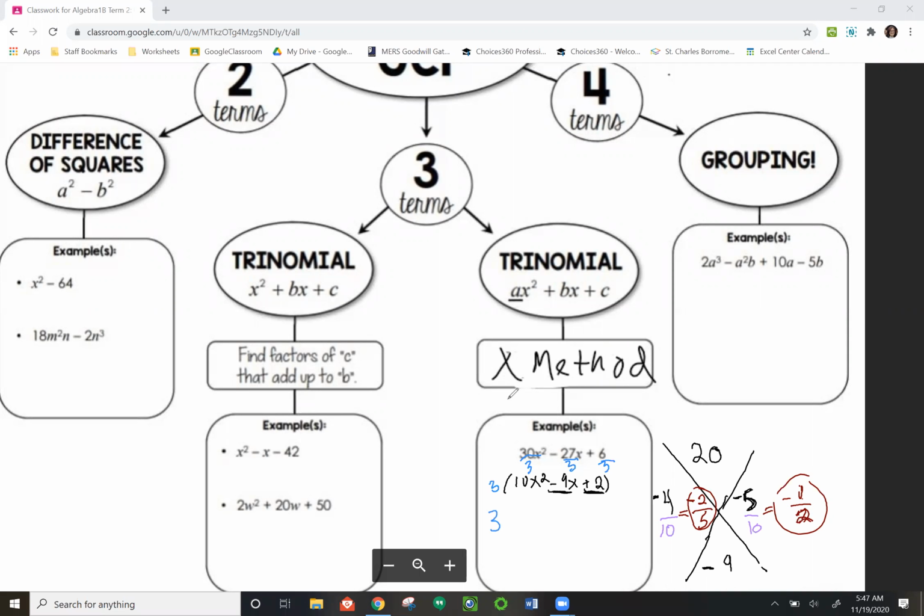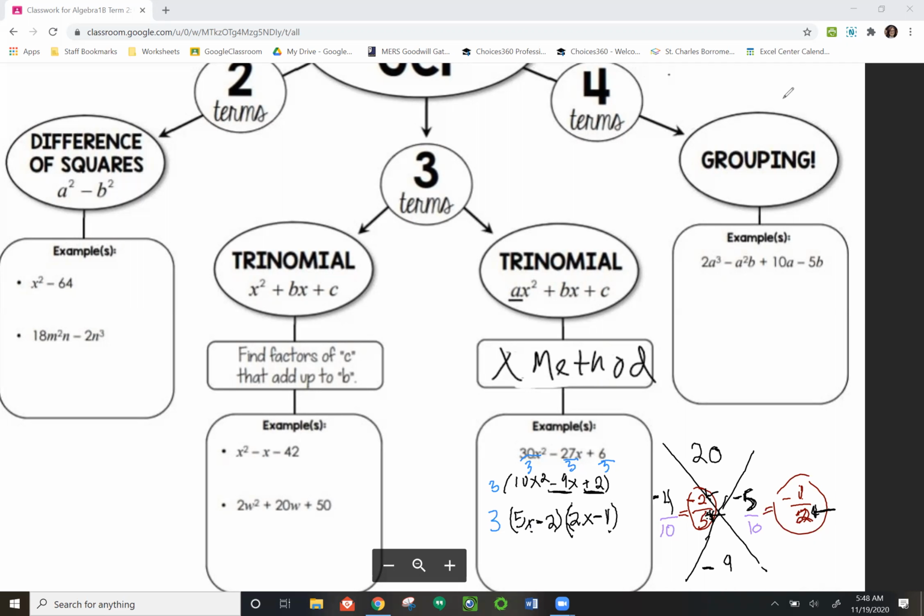So I'm going to have 3 times two binomials. The way we do this, we start at the denominator. So 5x, and then go to the numerator, minus 2. And then here, we start at the denominator, 2x minus 1.